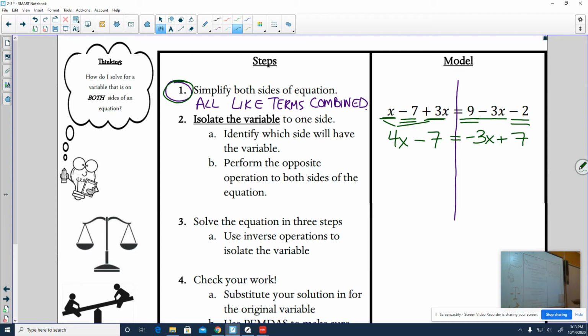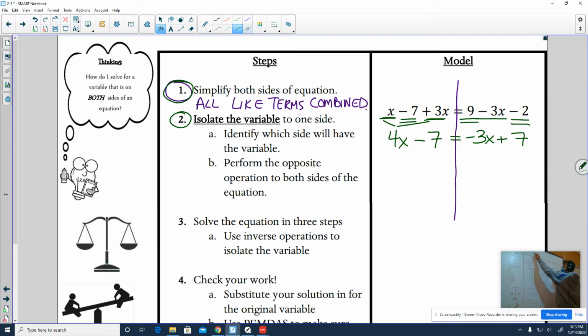Okay, this is new because we haven't had to do it on both sides of an equation. Now the next step is new as well. Step 2 is to isolate the variable to one side. Right now I've got the variable on both sides. So you have to first identify which side you're going to have the variable on.